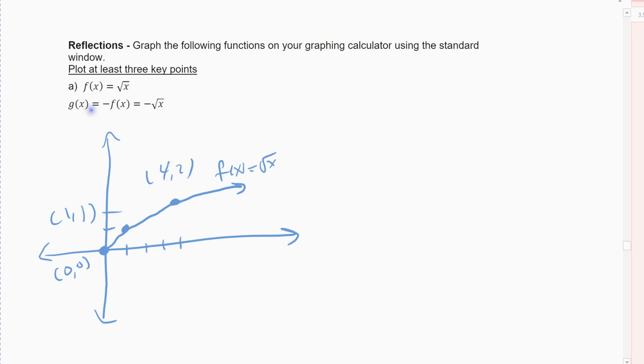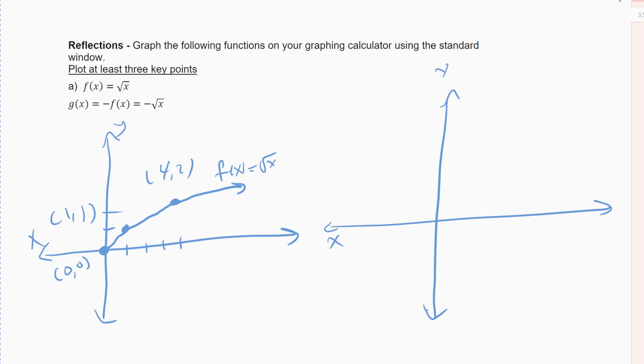And then what we're doing to get g of x, and I'm actually going to draw it over here separately since I didn't give myself a whole lot of room. So to get g of x, it's taking all of my function values and multiplying them by a negative. Negative square root of x.